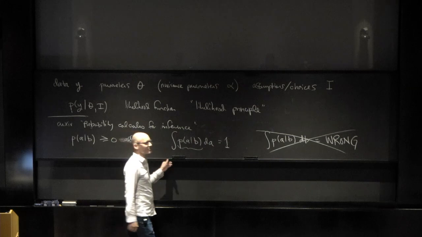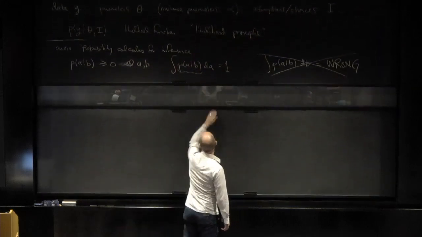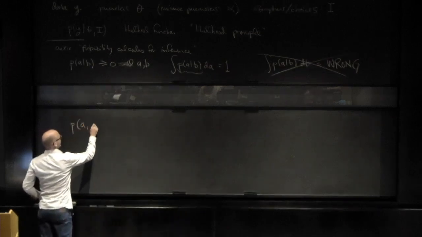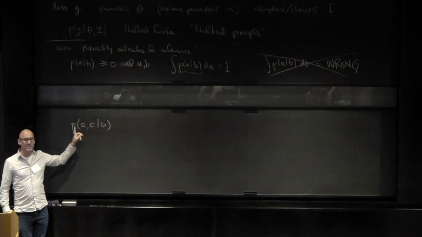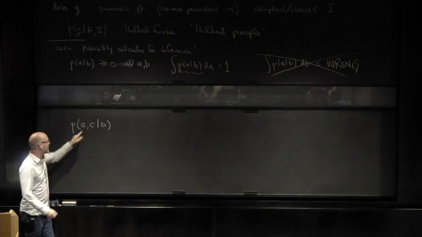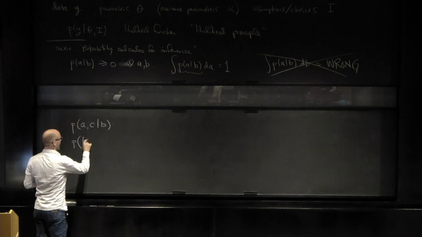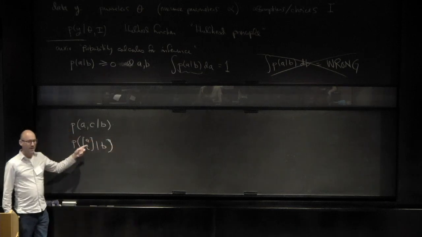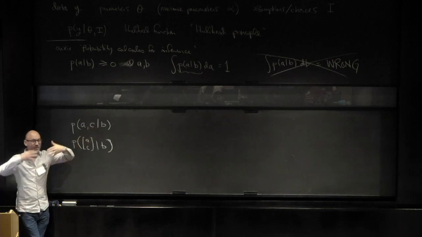I'm going to write one more integral, which is going to be useful for us. If I have a probability distribution for two variables, like A and C given B, this is the probability of the joint object AC given B. When I say P of A comma C given B, I mean the probability of A and C. So this is now in a bigger space.